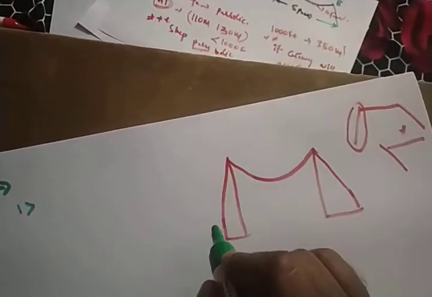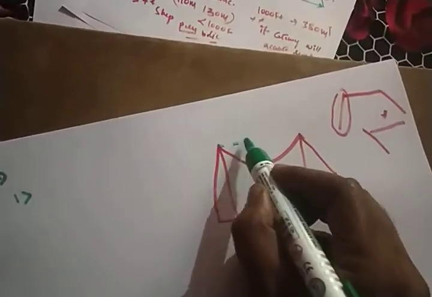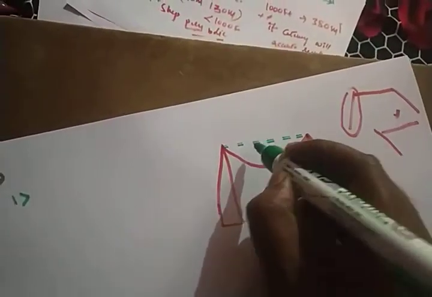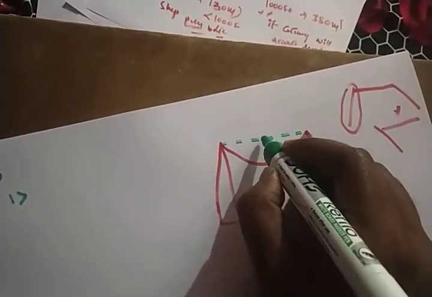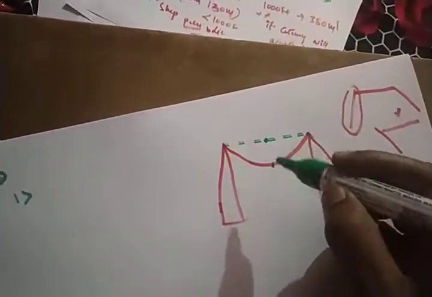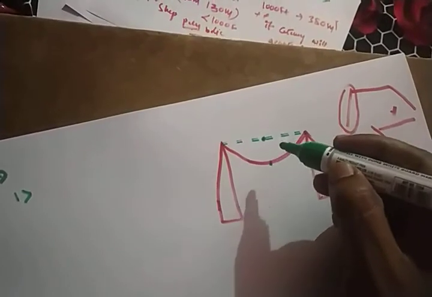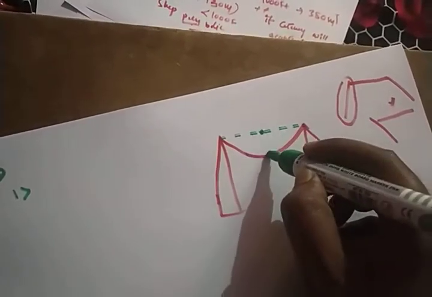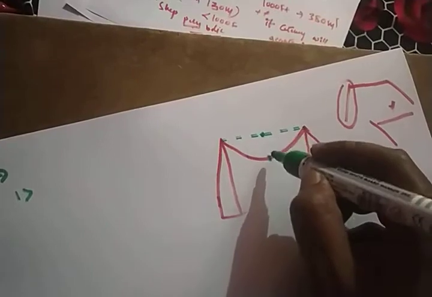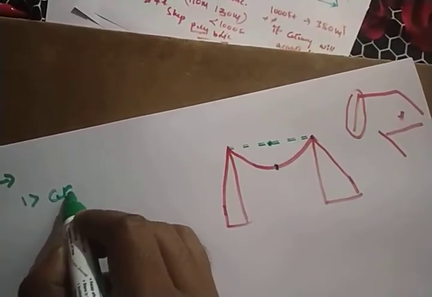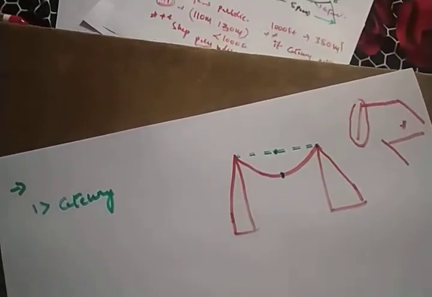The first one is: if the load is assumed to be uniformly distributed and concentrated at the center, the middle of the transmission line, then the shape of the curve is catenary.